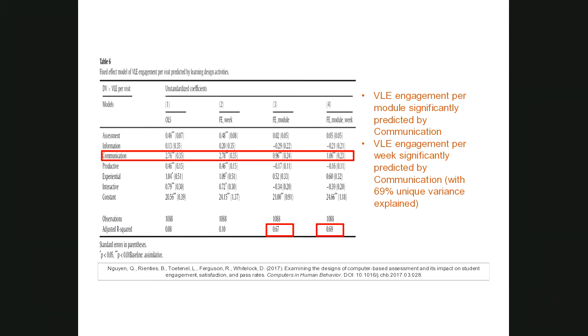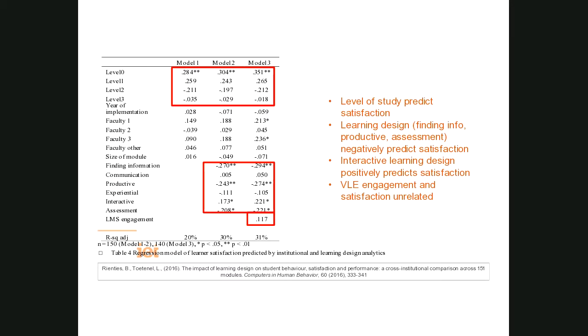This is cool. So then we looked at, okay, what do students actually like in terms of student satisfaction? At the end, we do a typical student evaluation of what they liked, and we then link that to learning design. What we found was, yes, there are differences in terms of the levels at which they were studying, and 6 out of the 7 learning design activities displayed here have an influence on their satisfaction.